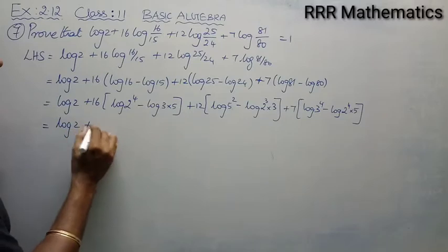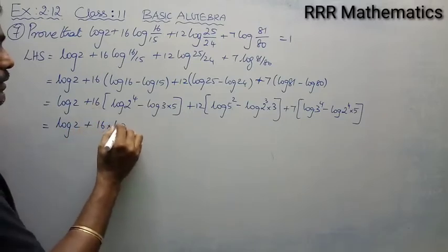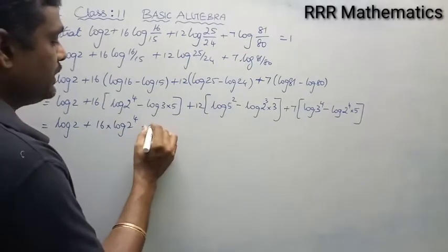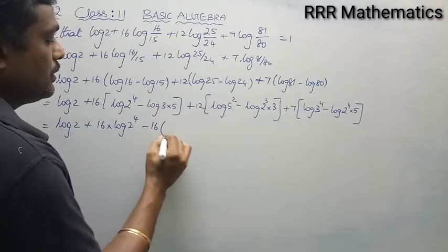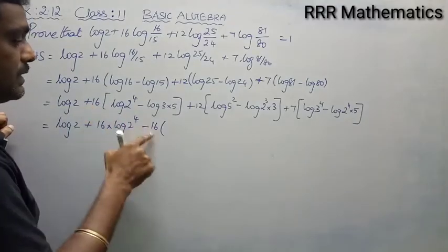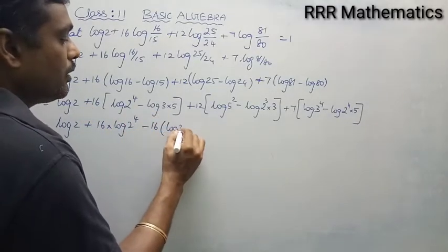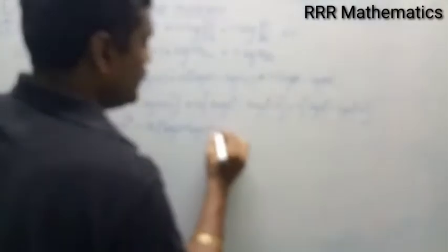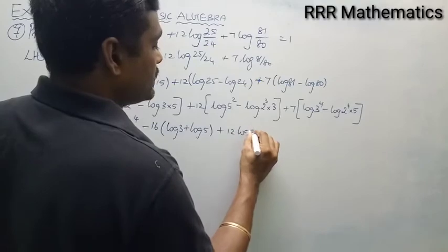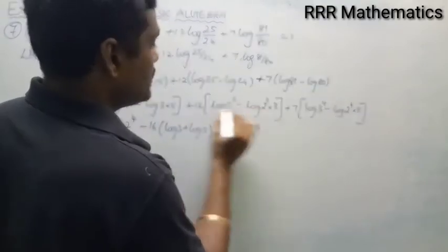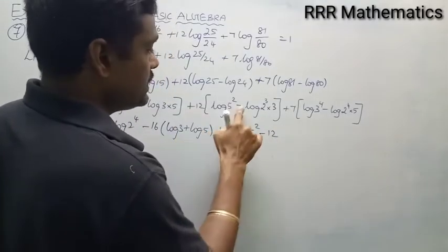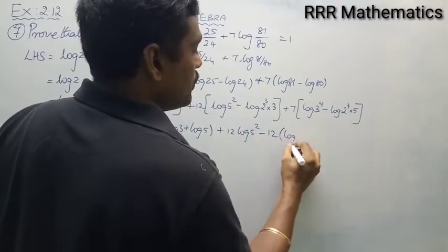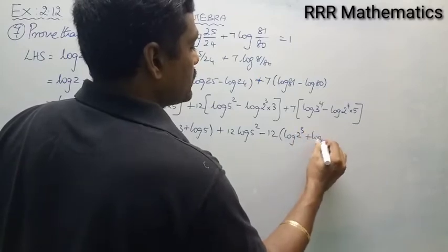Log 2 plus 16 times log 2 power 4, and this is minus 16 times log of m into n, which is log m plus log n. Got it? See here, 12 times log 5 square, and plus into minus gives minus 12 times, by the product rule, log 2 cube plus log 3.